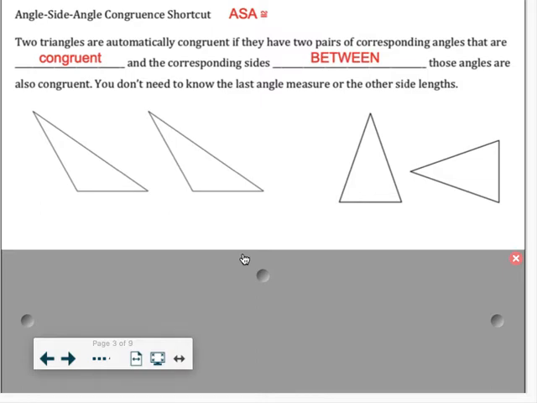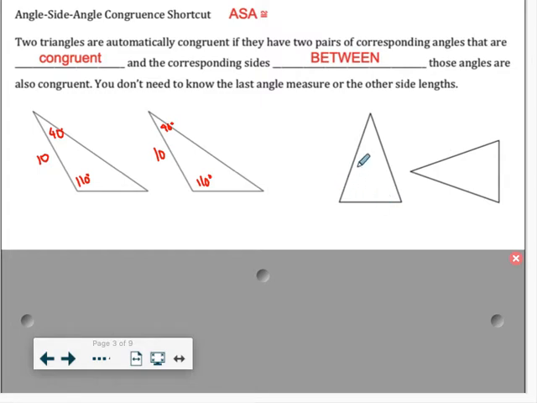Some examples here might be, I might give you 2 diagrams. This one is 40 degrees, 10 centimeters, 110 degrees. And then this triangle has a 10 centimeter side, 40 degrees, and 110 degrees. So that's angle, side, angle, angle, side, angle.